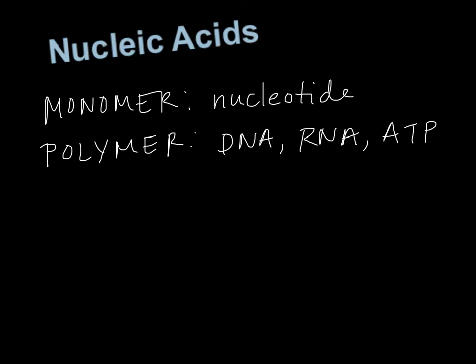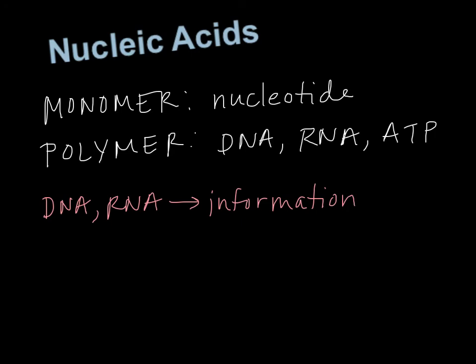So let's do the functions. So DNA and RNA are for information storage. So this is what stores all of the information to make you who you are, the instructions for building you. It's found in our DNA and our RNA. ATP should sound familiar.